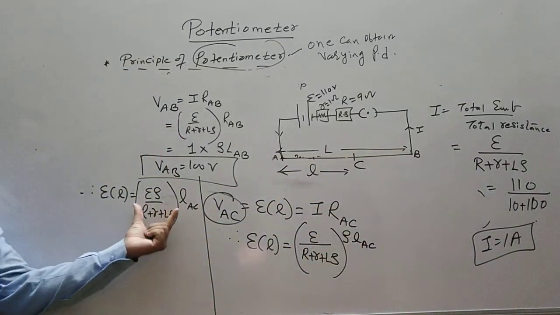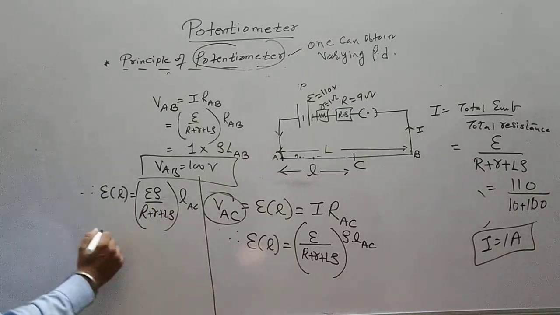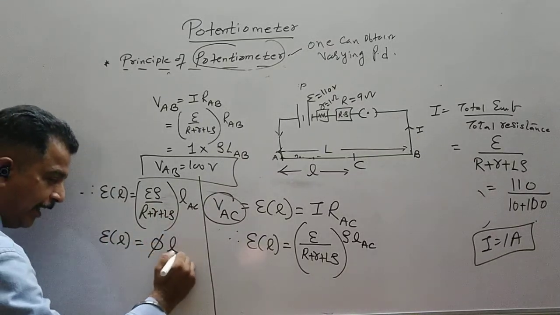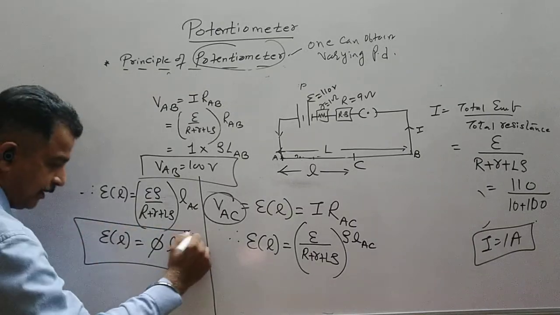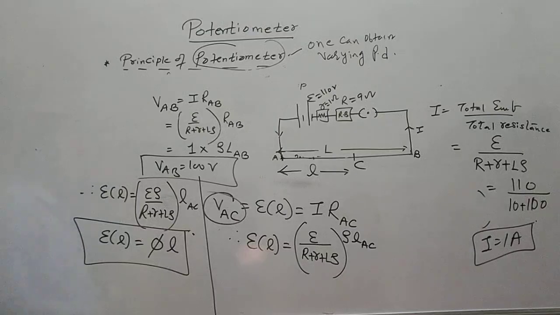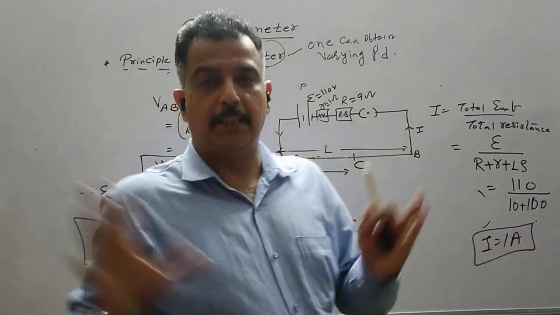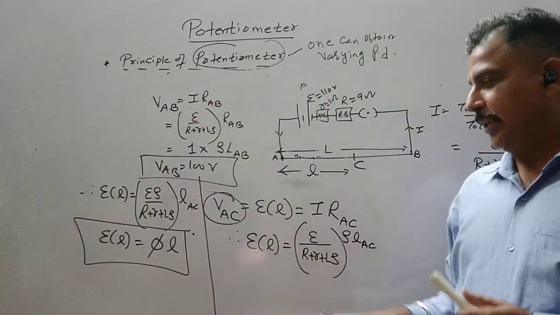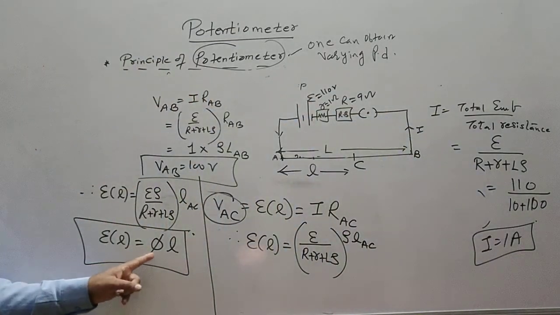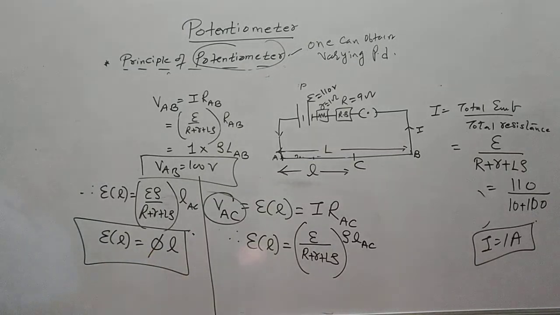Instead of this, I give a new symbol to this, as given in the book, phi, times the length of that wire, whatever is the length, whether it is A and C points taken as an example. So whatever is the length of the wire, this phi is called the potential gradient.